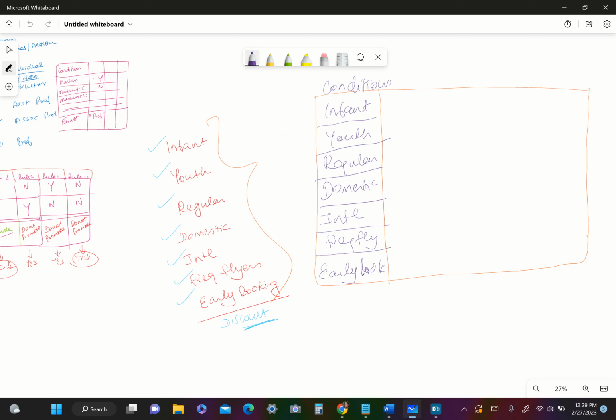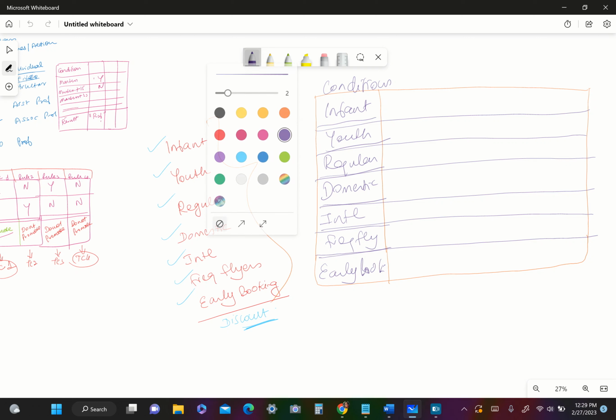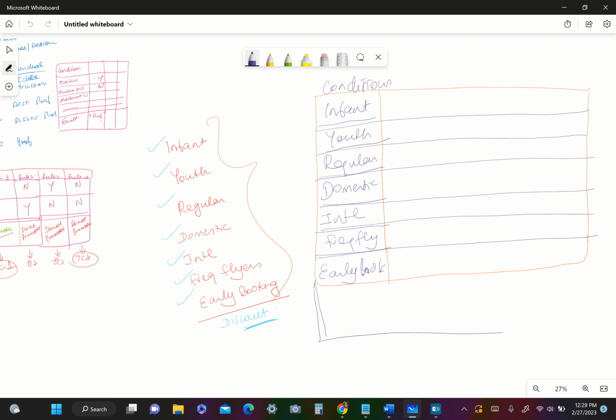Okay, so these are going to be our conditions. We are going to make this into a table, and it is going to be just a yes or no. Depending on the yes or no, we are going to decide what the discount is going to be. The outcome is here. The outcome is going to be our discount.